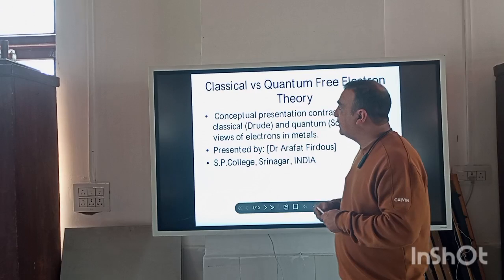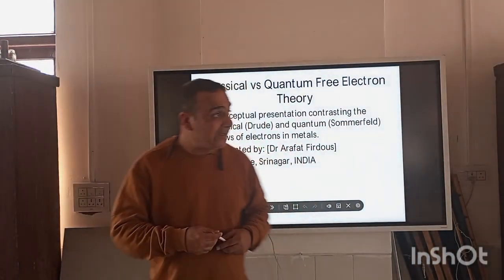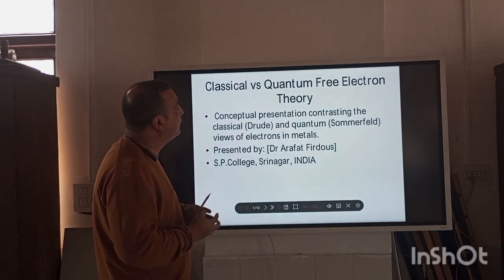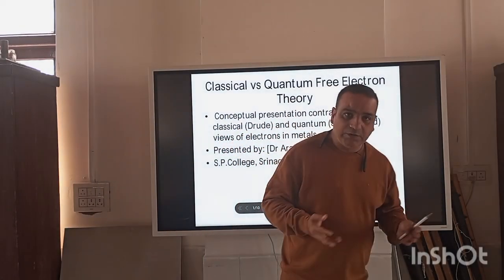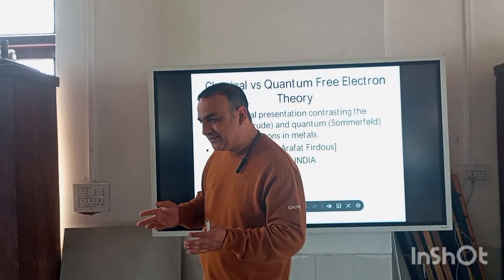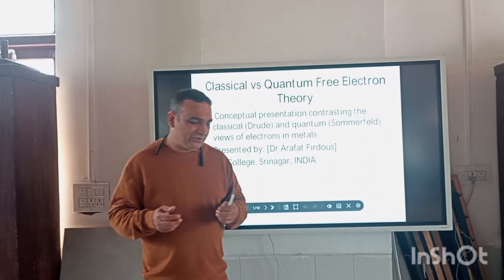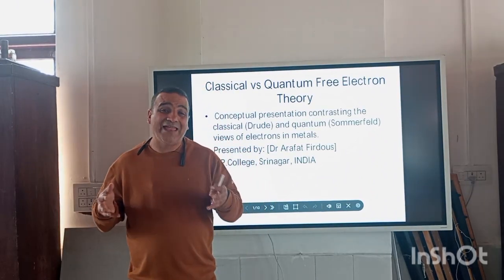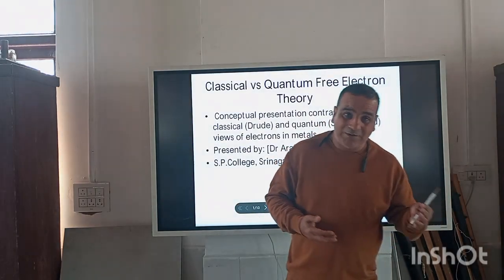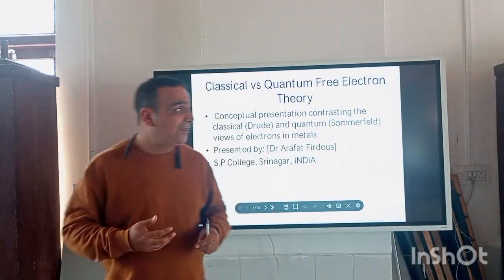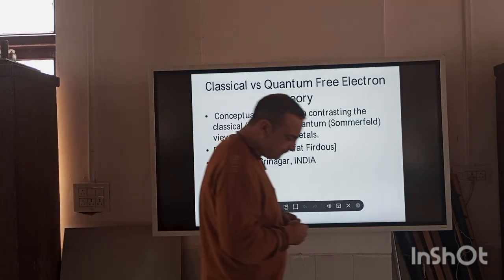Now, the very first important thing is to go into the history of free electron theory. We have two versions of free electron theory. One is the classical version, called the Drude model, or free electron gas theory. Then we have its counterpart in quantum mechanics, which we call quantum free electron theory.